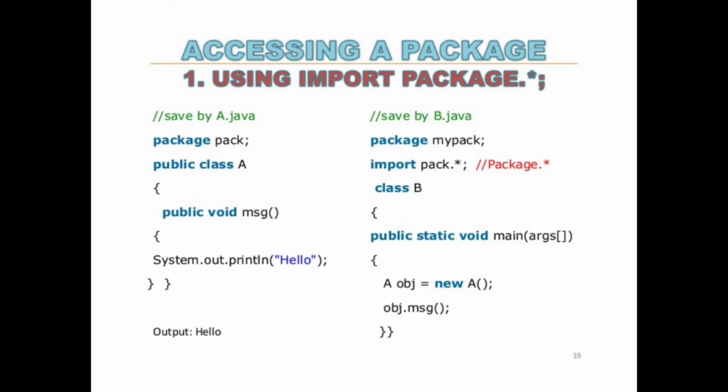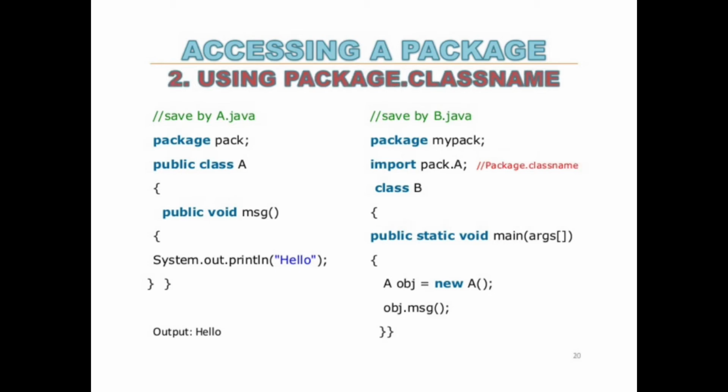So write import pack.*; and class B, write the main method, and create an object of the class from the first package, that is class A. A obj = new A(); Then using this object, obj.msg(); then this class's output will be displayed. The first class's output will be displayed in this program.